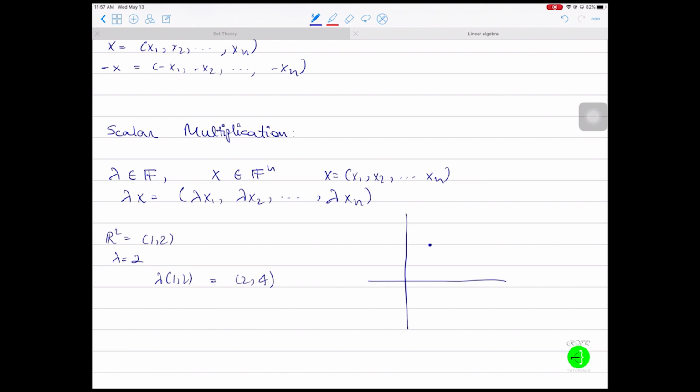This would be the vector 1, 2, and the vector 2, 4 would be something like this. So it is in the same direction with double the length. And similarly, if lambda were something less than 1, then the vector would shrink in size.